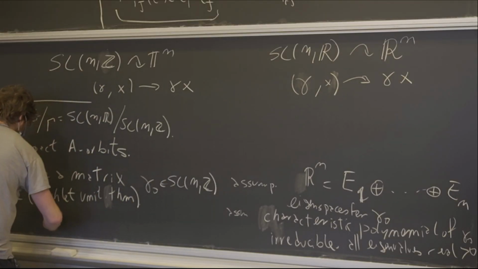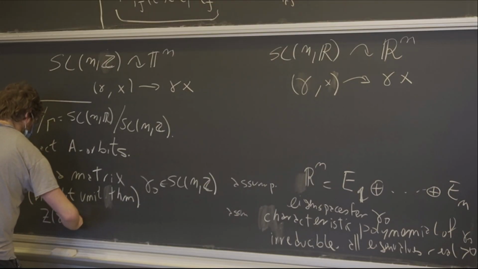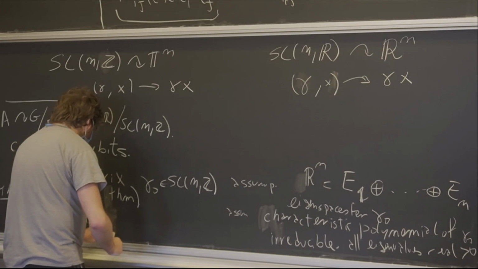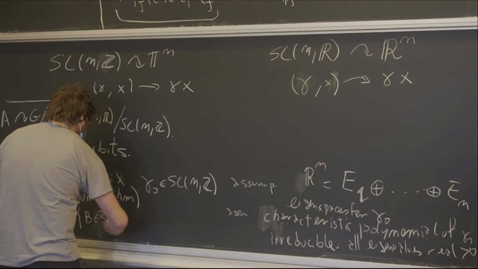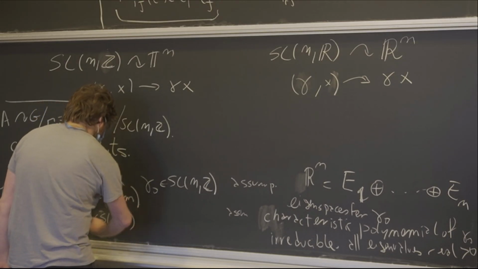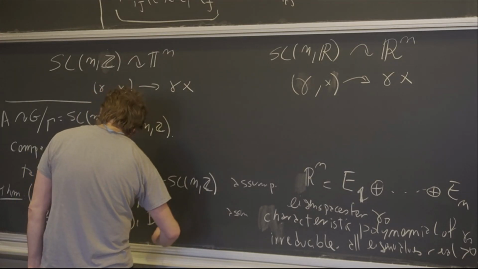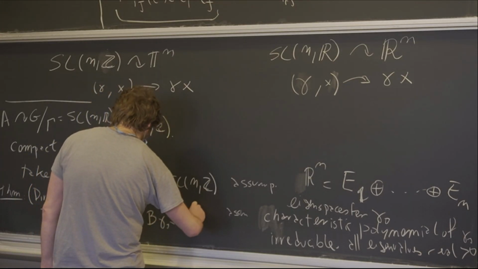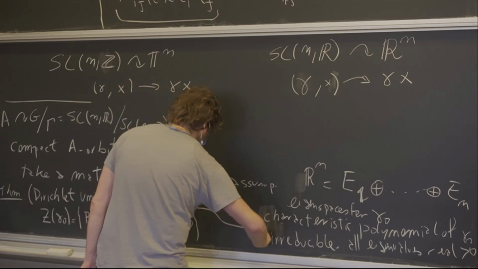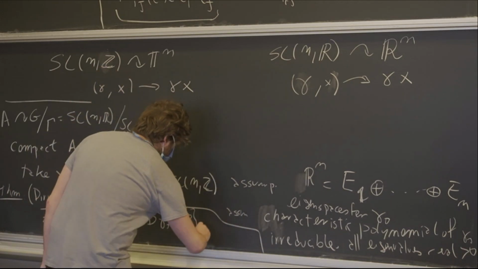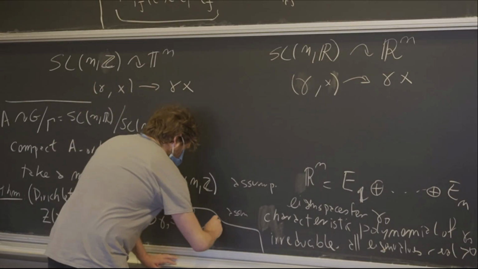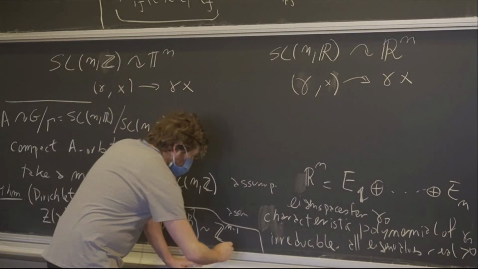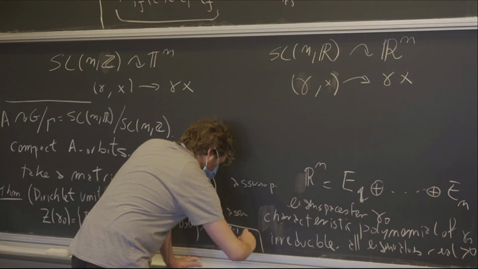It says that the centralizer of gamma naught is isomorphic to Z^(n-1) semi-direct product some finite group.